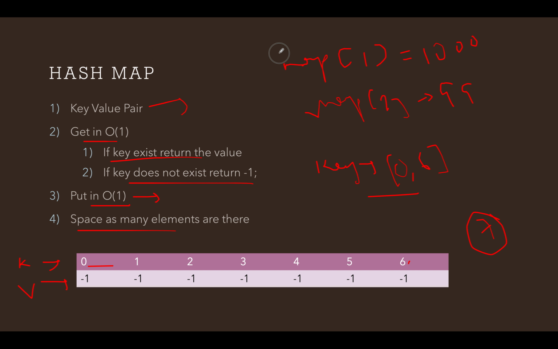And let's walk through these two operations. How will we do this? So the first says that the key is 1 and the value should be updated to 1000. So at first index I'll update this value to 1000. Also by default I'll set all the values in the hash map to -1, so that if the key doesn't exist, it automatically returns -1 for it, which is the expected case of this hash map.